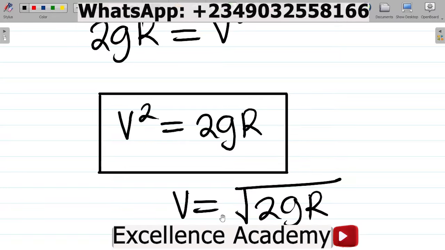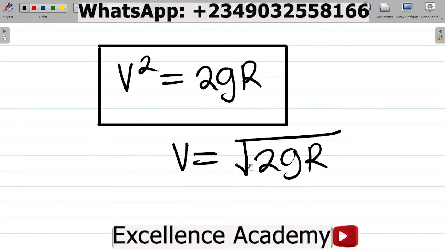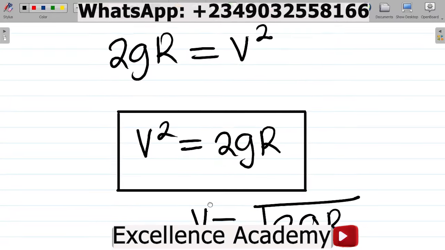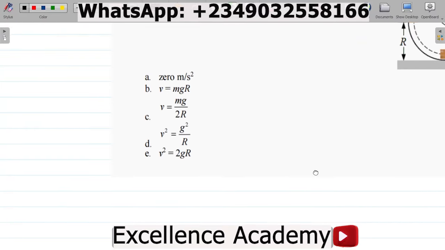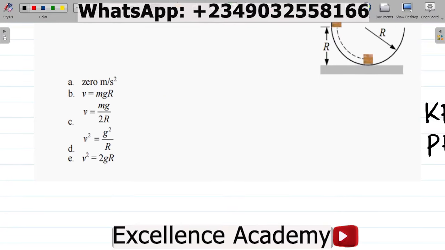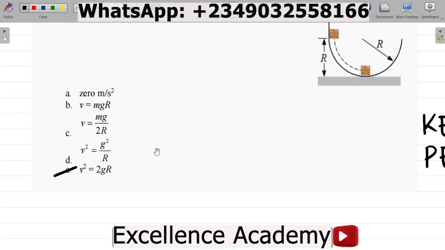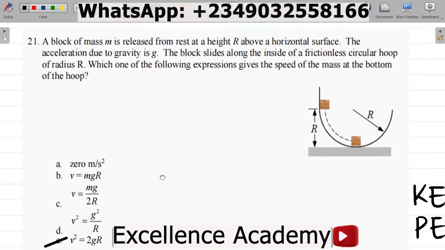This is the actual velocity, right? v equal to square root of 2gr. So let's see which of these is in the option. Coming to the option here, let's see. All right, so we can see that that is option E, v squared equal to 2gr. So that becomes the answer to this particular question, okay?